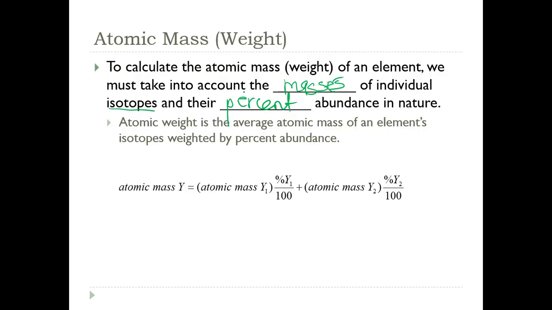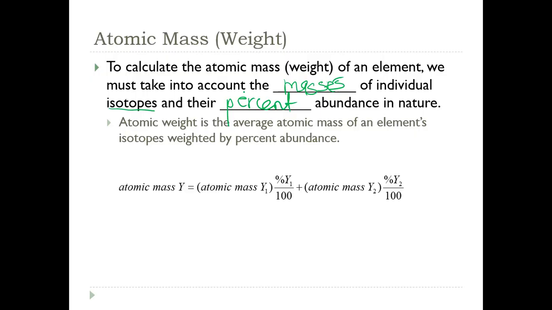So we calculate what is called a weighted average, much like, let's say, in your overall grade, exams are weighted more than a homework assignment. So it's a weighted average. So not everything is equal.